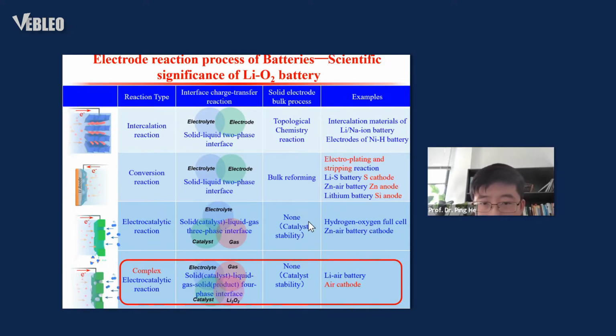For example, this reaction is in the hydrogen oxygen fuel cell and the zinc air battery cathode. In our topic, we focused on lithium air batteries. In the cathode of this battery, there are complex electrocatalytic reactions.